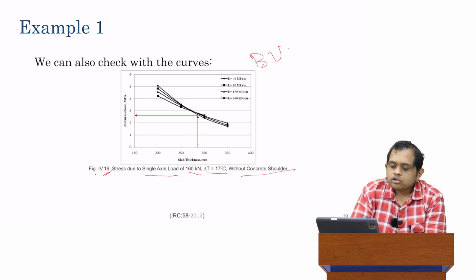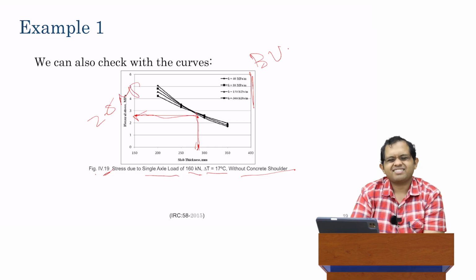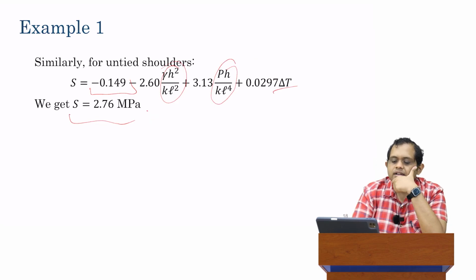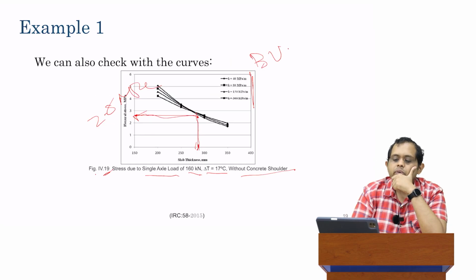Here again, 280 mm, and the K value doesn't exactly correspond to what we want, so we have to visually guess. I tried to roughly do it and got something like 2.8 megapascals. Our regression equation gave 2.76, and here we got 2.8, reasonably close. So most likely our calculations are correct.